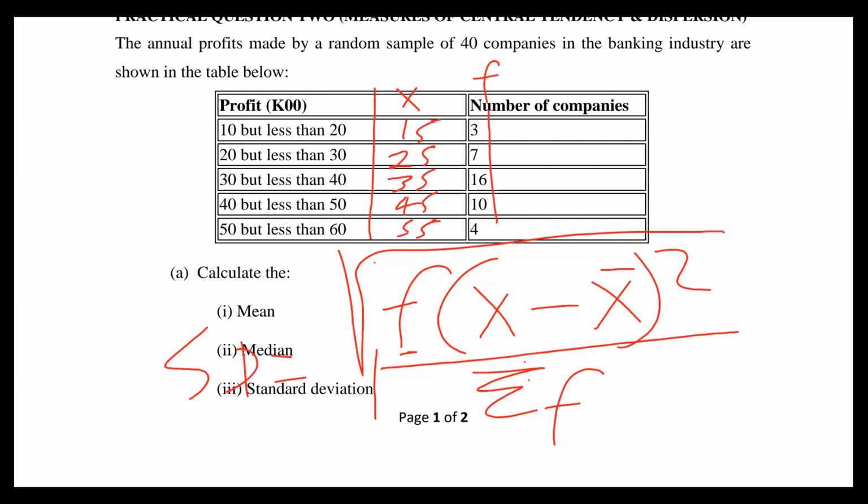If you are to write in this formula, you start with the frequency number. For example, in the first class, you write 3 times the X, which is 15 minus the mean that you have found. What was the mean?